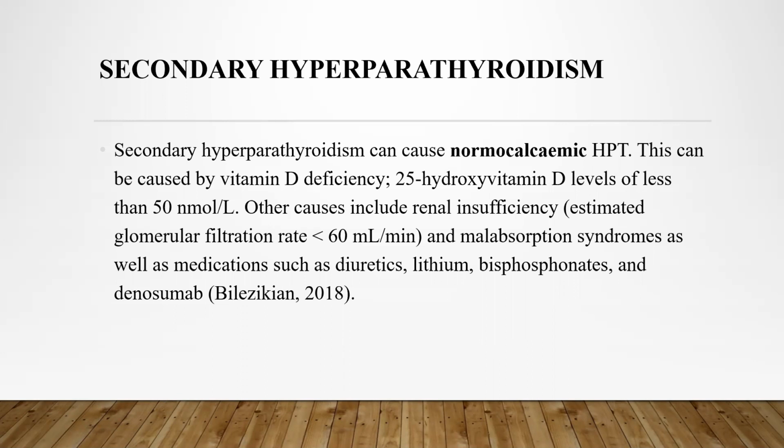So you will find they have high parathyroid hormone levels, but normal calcium, because initially they had low calcium, and the parathyroid glands did their job and normalized the calcium to the right levels. That's why in people with secondary hyperparathyroidism, we will find normocalcemic hyperparathyroidism.